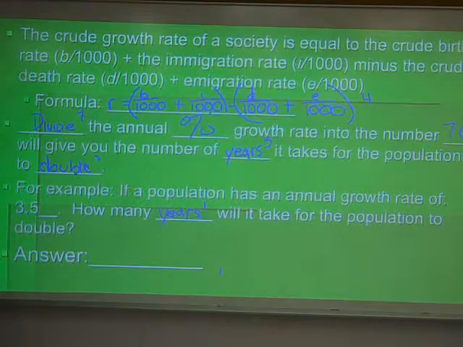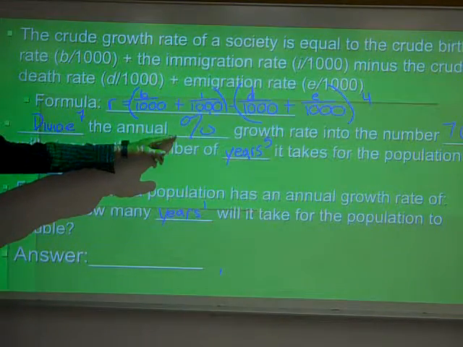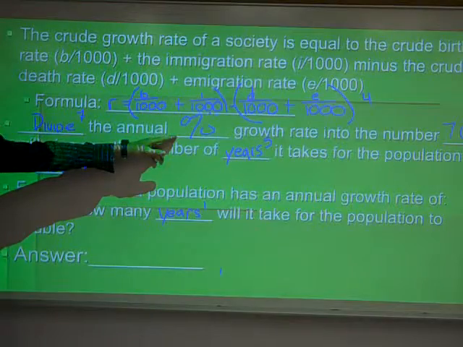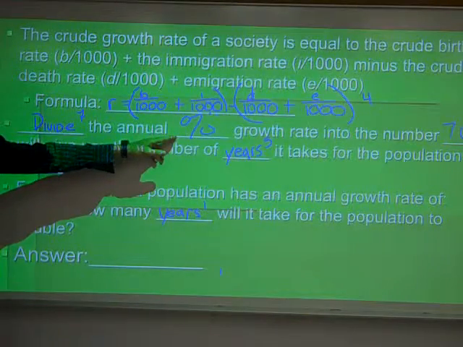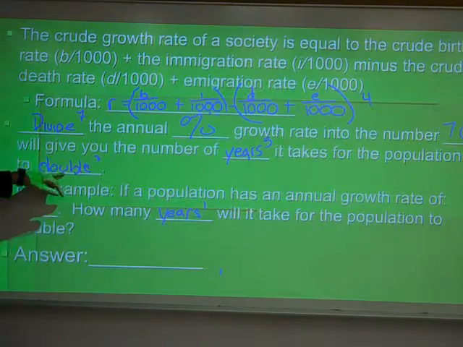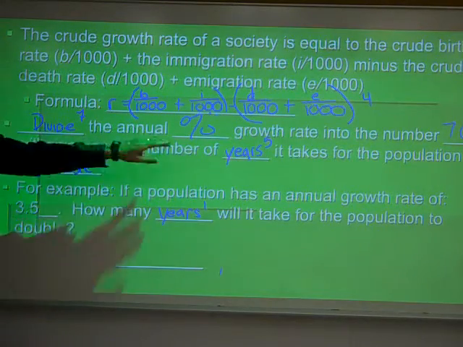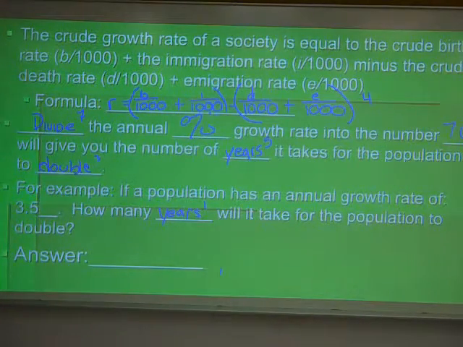Like if you have an investment and you know what the percentage growth of that's going to be profit-wise, you know, how investments work, hopefully, you can predict how long it takes for that particular amount, in this case population, to double. So that's what the rule says. It says that if you divide the annual percentage growth rate into the number 70, it's going to tell you how many years it takes for that population to double. So it's a nice little way for us to look at a society and estimate how long it will take for a population to double.